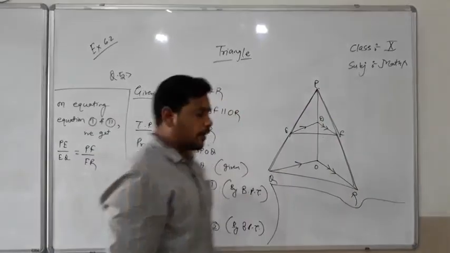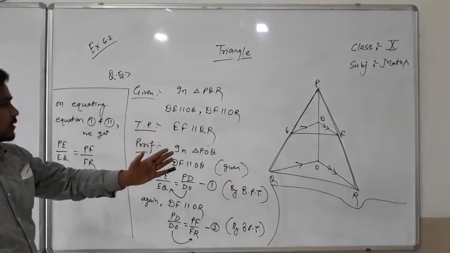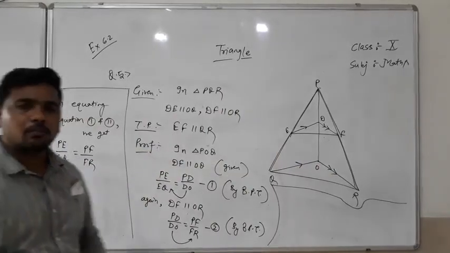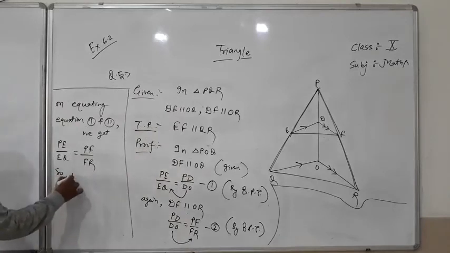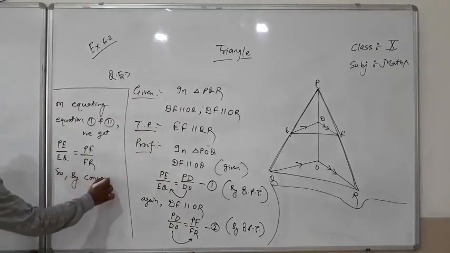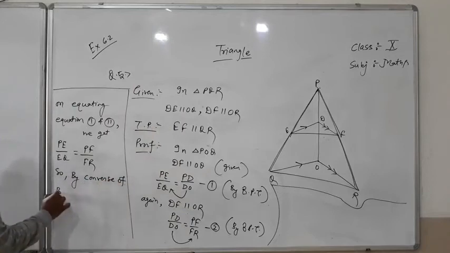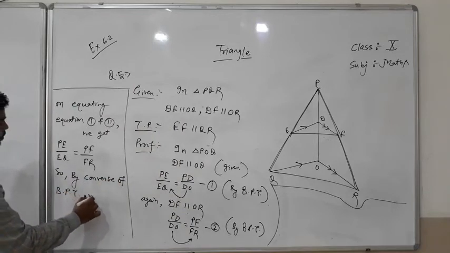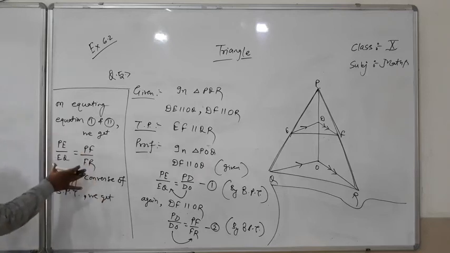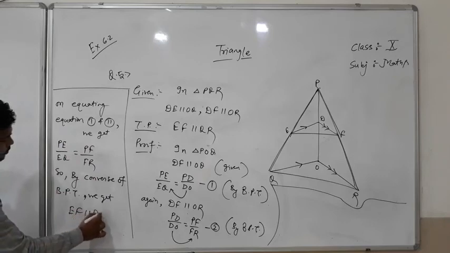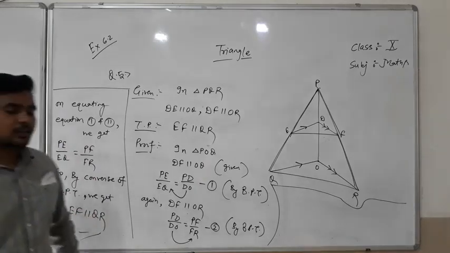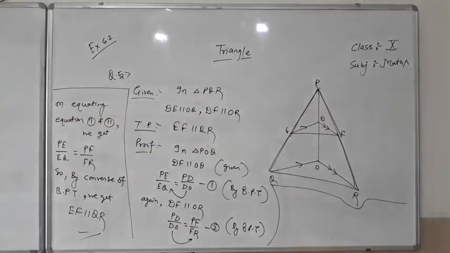So if the ratios are given and we are making the sides parallel, we will take help of the converse of BPT theorem. So by converse of BPT we get EF is parallel to QR. So students, I hope this question is completed from my side. So at the last, EF is parallel to QR by the help of converse of BPT.